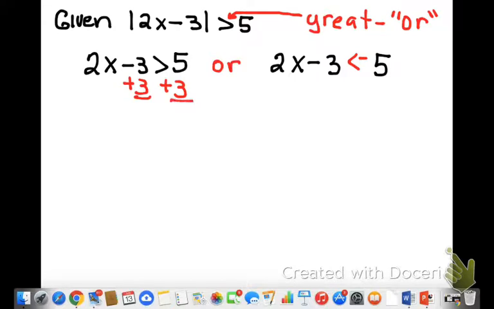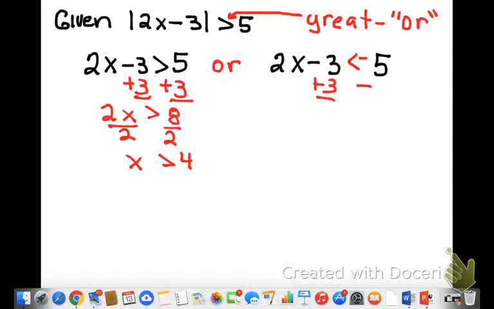I want to put the word or in between. So 2x is greater than 8, divide both sides by 2, x is greater than 4, and add 3 to both sides. 2x is less than negative 2, divide both sides by 2, x is less than negative 1, and now we're just going to go ahead and graph it.